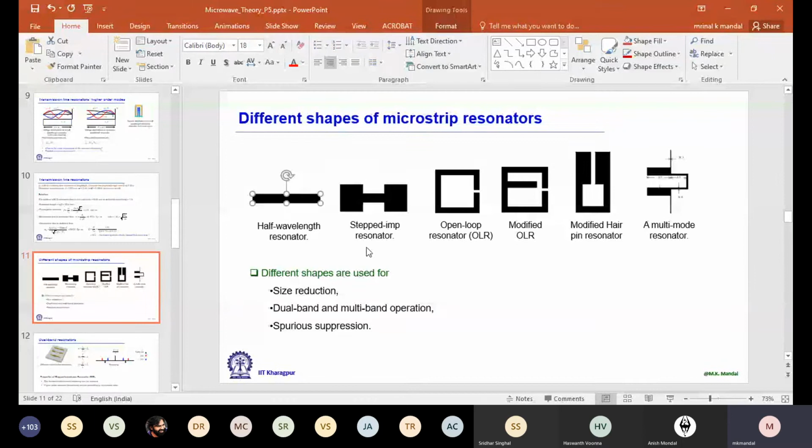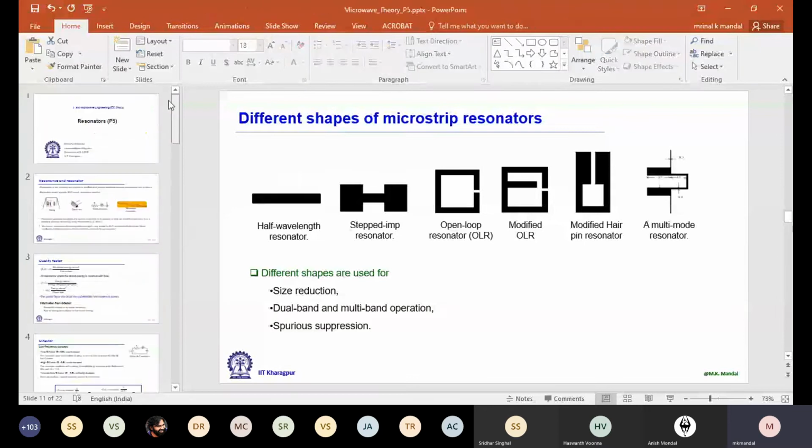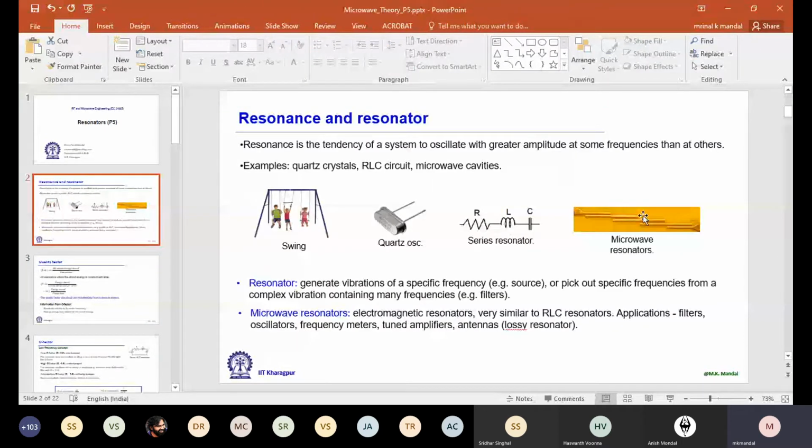So the first example is the half wavelength resonator. If you look from top, you can see the microstrip only, and its length is lambda g by 2. I gave one example actually in the beginning here. Look at the right hand side filter. We have 3 resonators, half wavelength resonators.